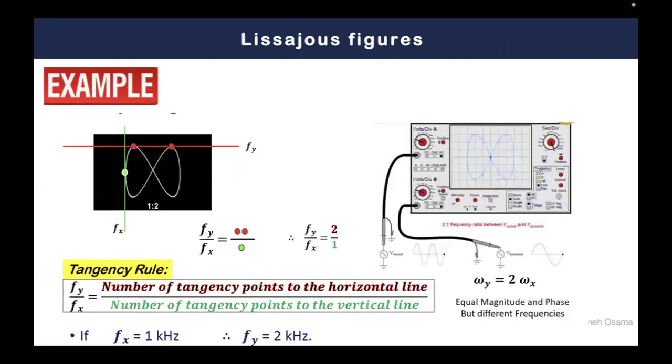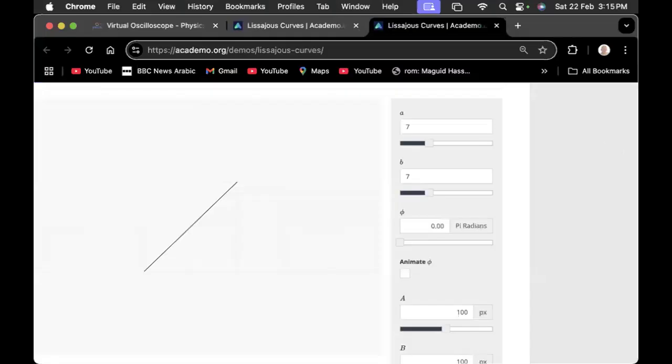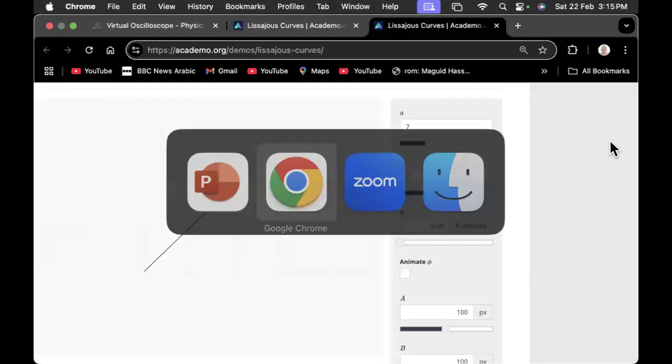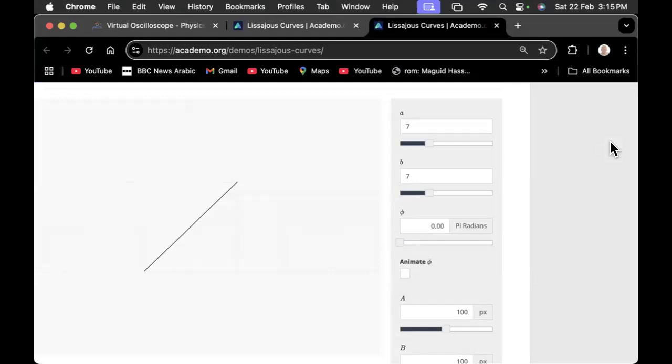Okay, what if now we consider, if you remember, we mentioned that we are using XY mode to distinguish the X and Y in terms of 3 parameters: the phase, the frequency, and the amplitude. We already examined together the variation in phase.